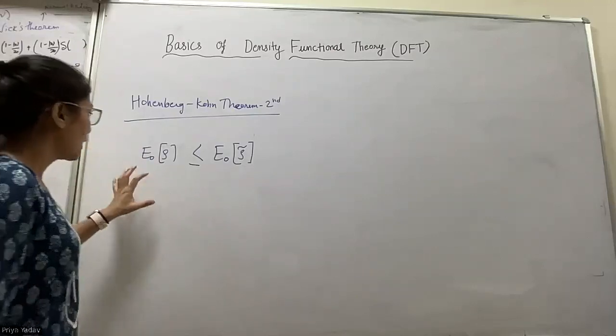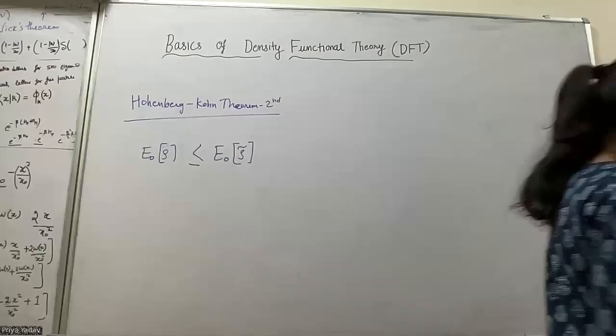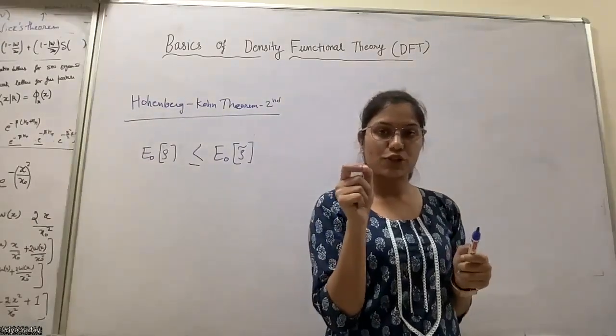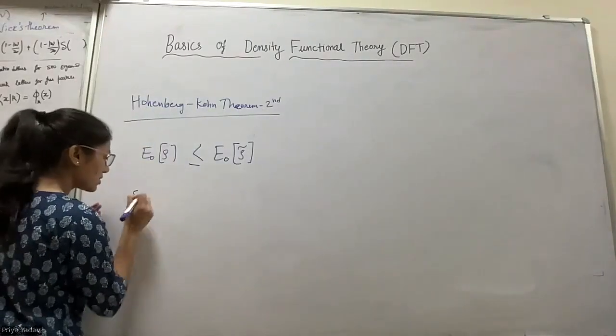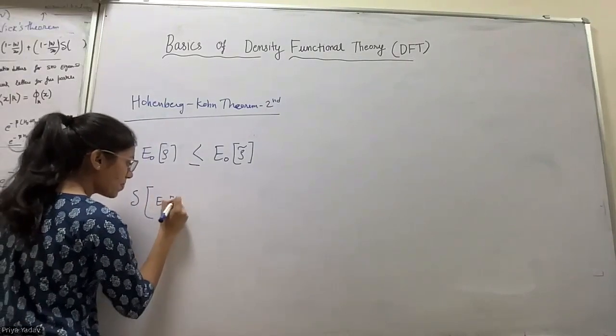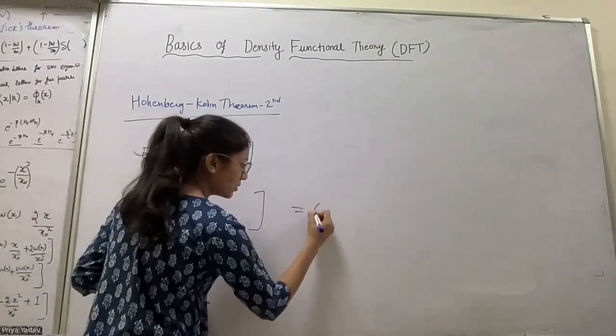Now, if it follows the variational minimization principle, then the ground state density should satisfy the stationary principle. That means if I vary this E as a function of rho, it should give me 0.